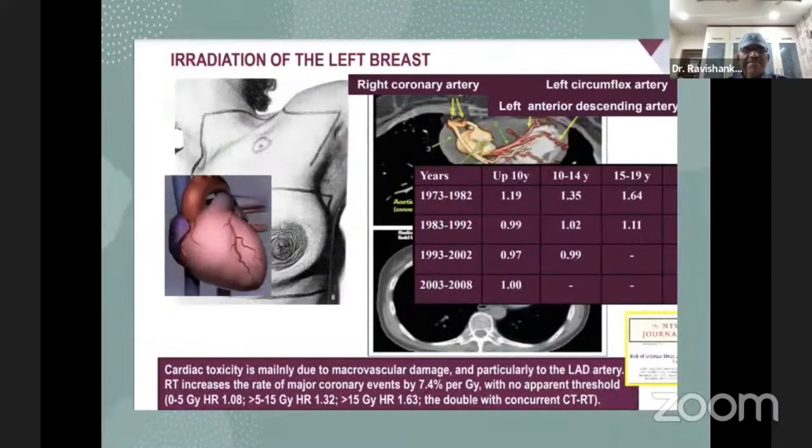The other area of interest for today is how to reduce the cardiac toxicity. We know that these breast cancer patients require a lot of chemotherapy, ranging from anthracycline to neratinib. All these drugs, lapatinib or trastuzumab, pertuzumab, have got significant effect on the heart.